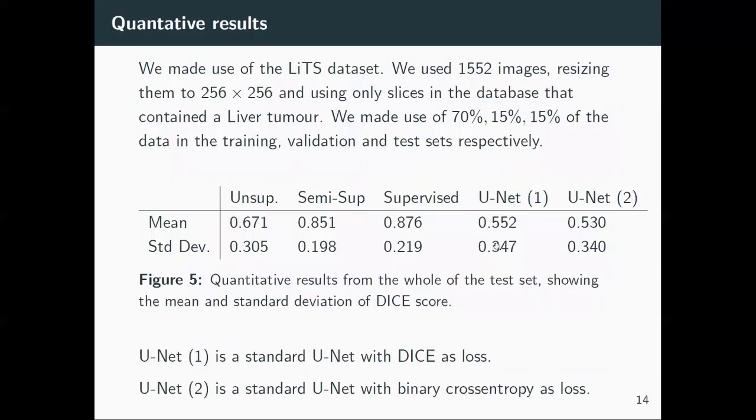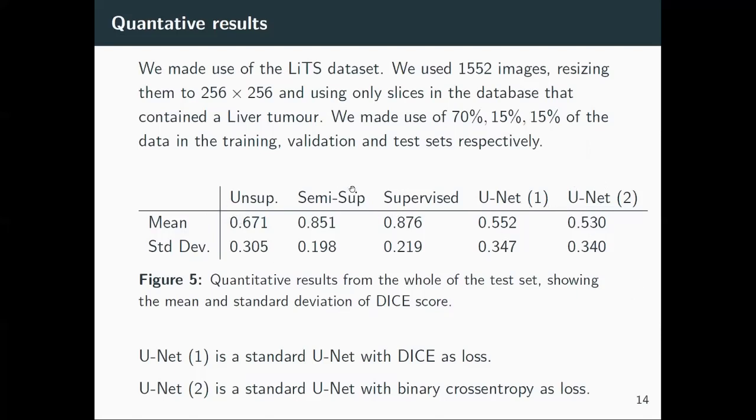Okay, and for the deep learning results, we're making use of the LiTS dataset, which is liver tumors. This has the details of what we did. You can pause if you like. These are the Dice scores of the whole test set for three of our approaches and two standard approaches.